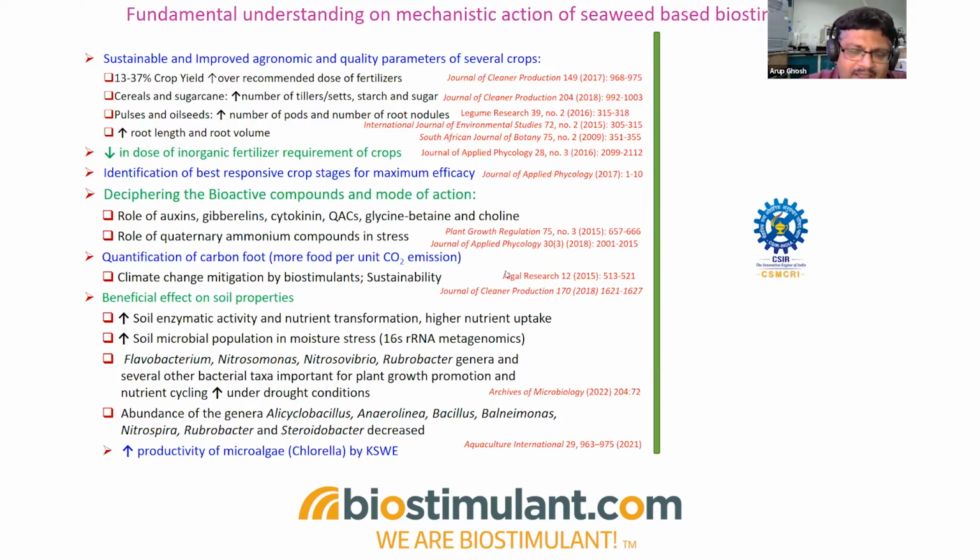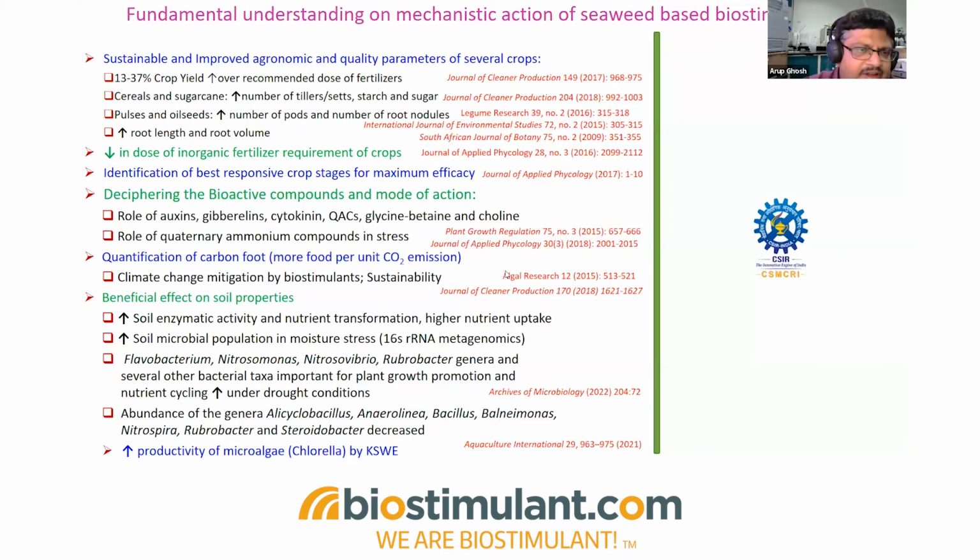But if you have a higher number of applications, then depending on the most effective crop stages, one can identify and give. So we have done this only for maize, but there are critical stages for application of the seaweed biostimulants in all the crops that we are taking care of.